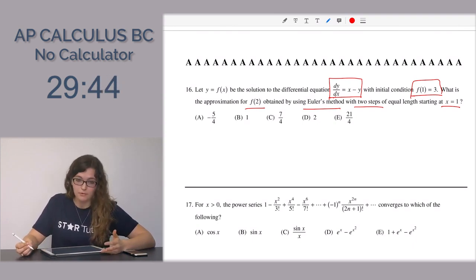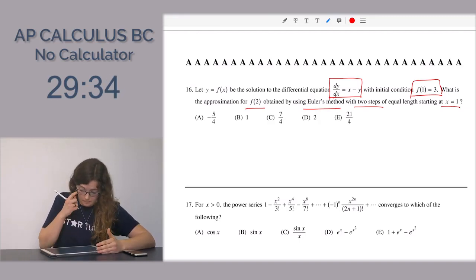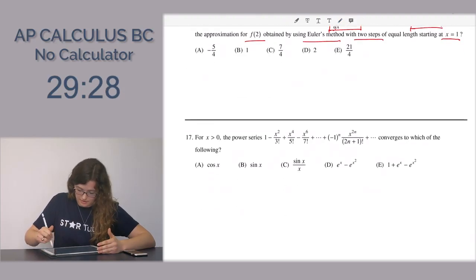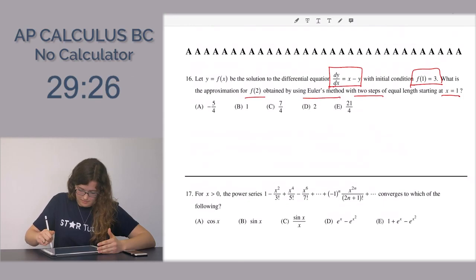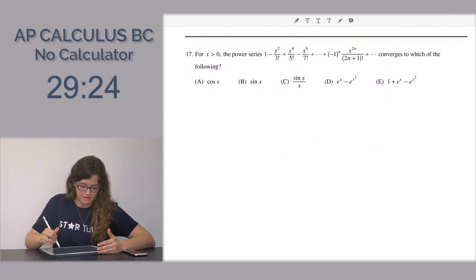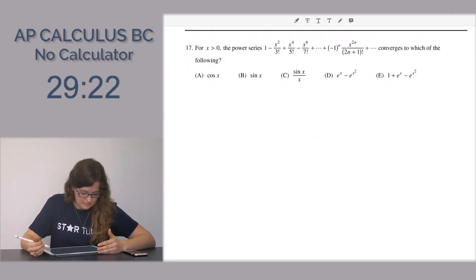So if you don't remember the equation for Euler's method, you should skip this problem. But if you do remember it, it's not going to be that hard. I do remember it, but I'm going to skip it for the people who don't remember how to do it, and we'll come back to it.